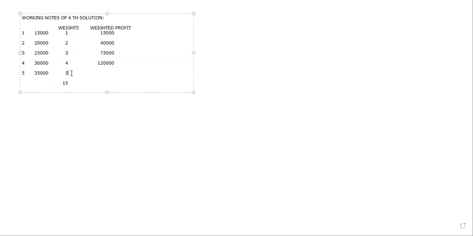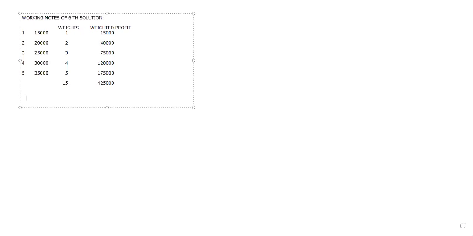And 35 into 5 is 175. So the total of the weighted profits is 4,25,000.